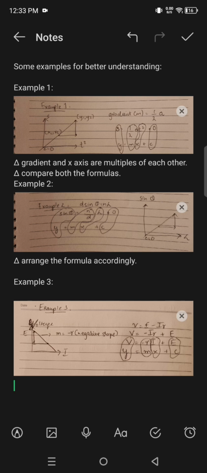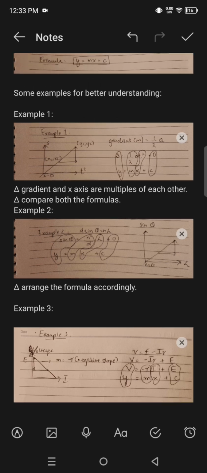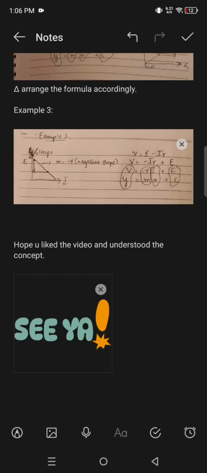I arranged it accordingly, and then compared it with y is equal to mx plus c, and then I got to know that my y is v, voltage, gradient is minus r, x is the current, and c is e, the y intercept. Alright, so concludingly, you have to arrange the formulas, okay? You have to compare the specific formula with y is equal to mx plus c, that's it.